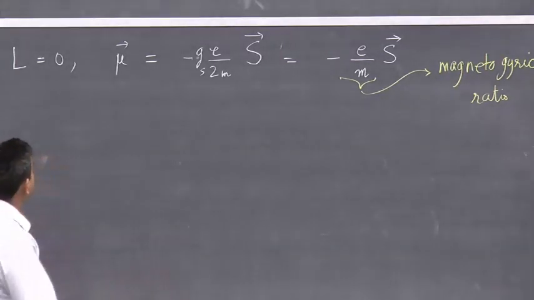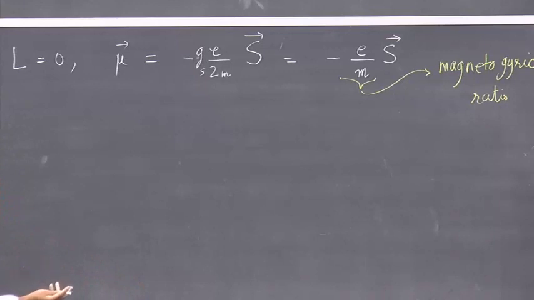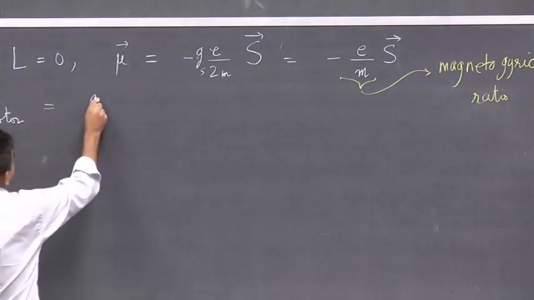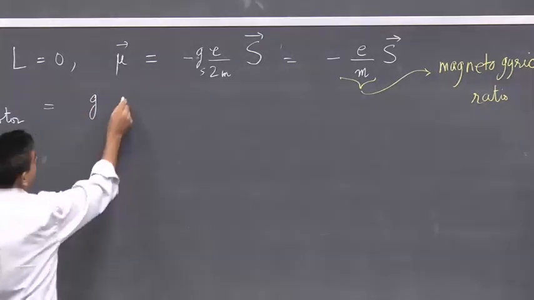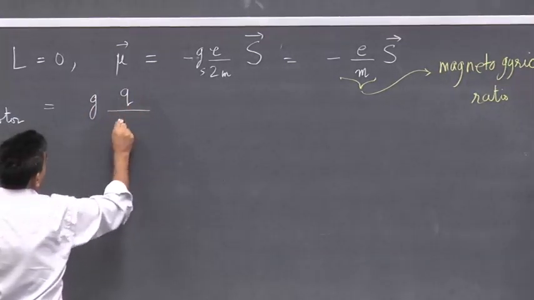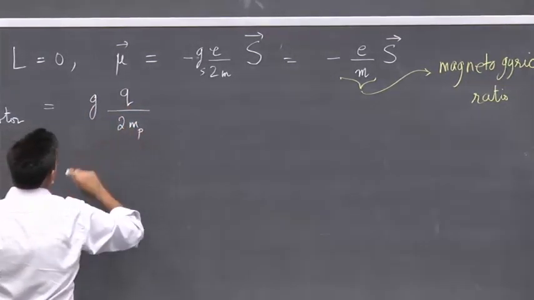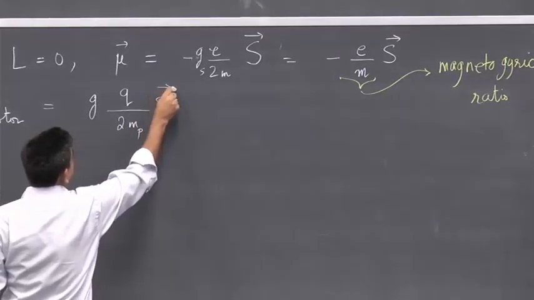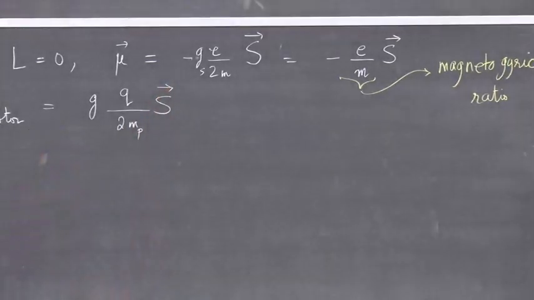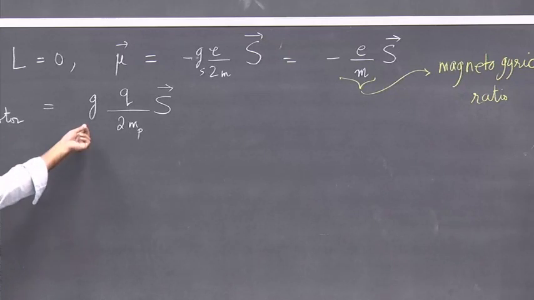For example, a proton also has spin. So for a proton we can have a magnetic moment as well. For a proton we have g, the charge of a proton times over the mass of the proton, times S. So we have to use the proper value of g for a proton.